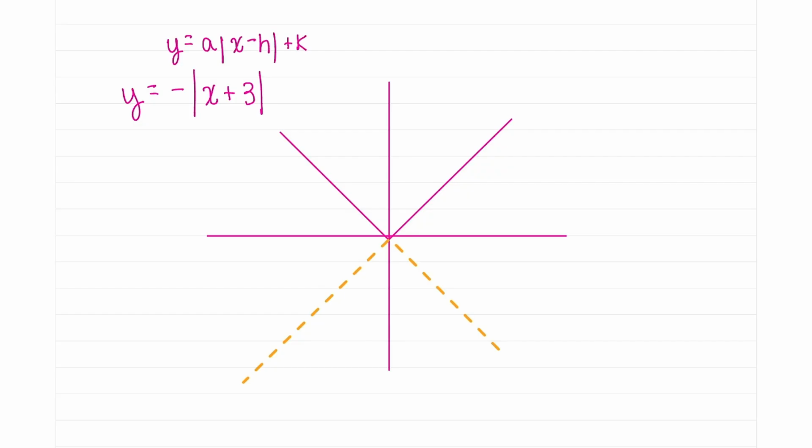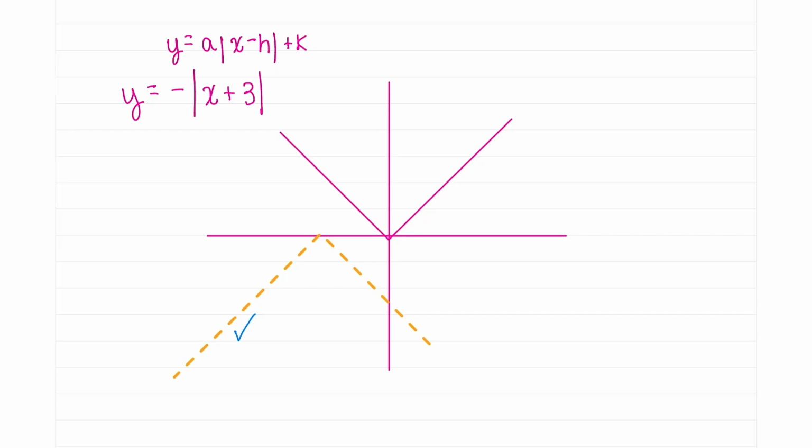Since our negative is built into the formula, we have a positive 3 here, which means there was a minus 3, and that's going to be a shift to the left 3 units. So we'll take our transformed function here and go 1, 2, 3 units over, and now our final graph is going to look like this.